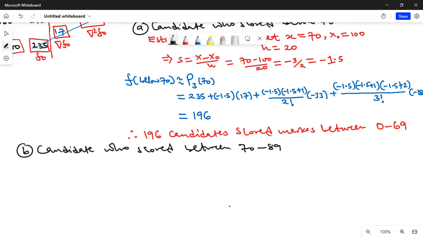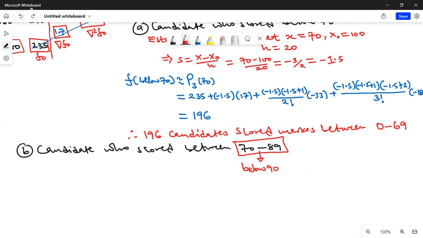So what is the interpretation of this interval? When you want between 70 to 89, it simply means that I need those candidates who scored marks below 90, that means 0 to 89, but then you subtract below 70. Below 90 minus below 70.